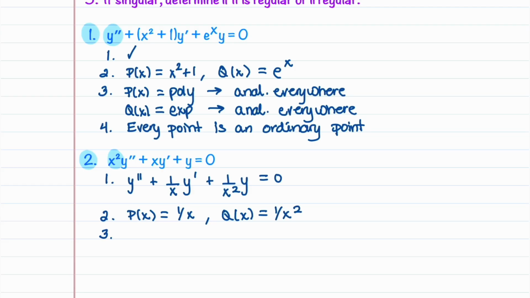In step 3, we need to find where p of x or q of x is not analytic. P of x and q of x are functions where we have an x in the denominator. This means that these functions are undefined at x is equal to 0.